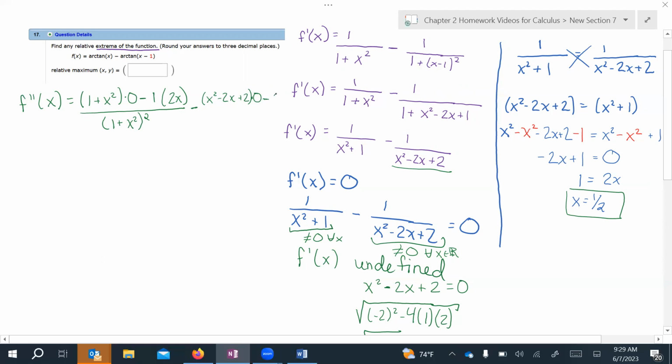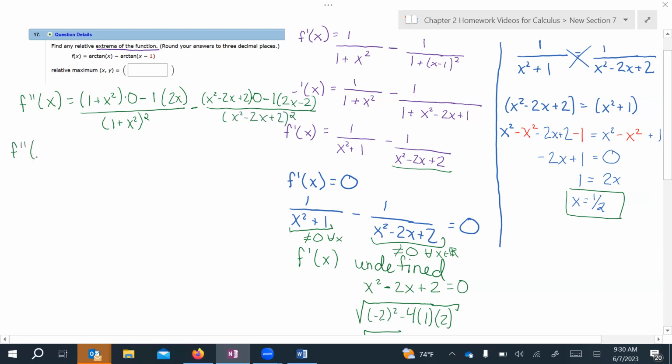And then the denominator, we have x squared minus 2x. So we have minus 1, 2x minus 2 for that numerator altogether over x squared minus 2x plus 2 quantity squared in the numerator.